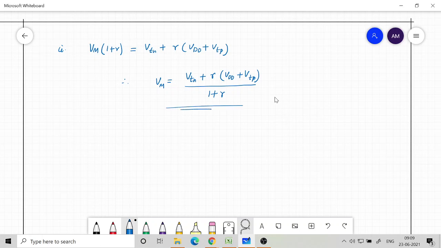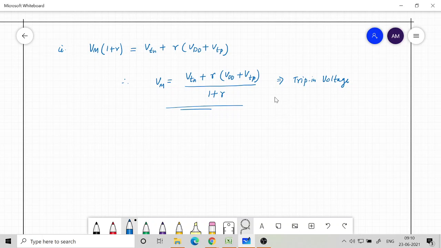So this is what is called the trip-in voltage. If input is less than this Vm, it is considered as logic 0. If the input is above Vm, then it is considered as a logic high.